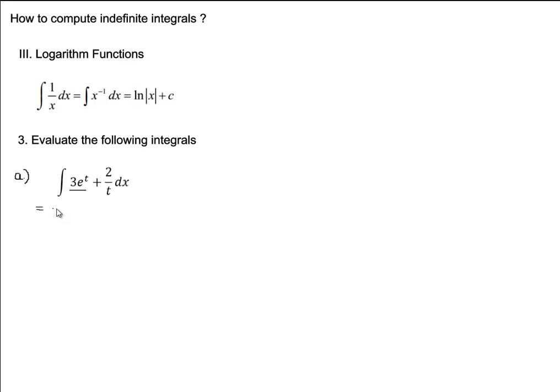Therefore, 3e raised to t, plus, applying also the formula for logarithm function, 2 ln absolute value of t plus c. That's it.